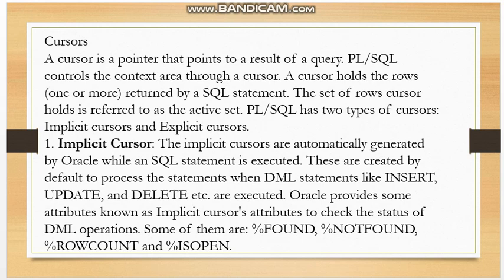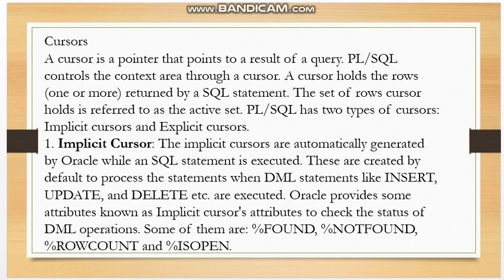PL/SQL has two types of cursor: implicit cursor and explicit cursor. Implicit cursors are cursors which are automatically generated by Oracle while an SQL statement is executed. Whenever an SQL select statement, or update or insert, is executed, by default Oracle itself maintains the cursor, and that is called an implicit cursor.